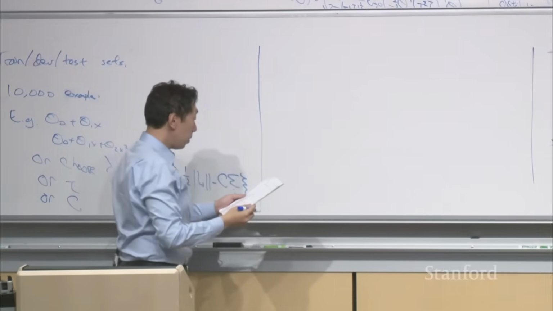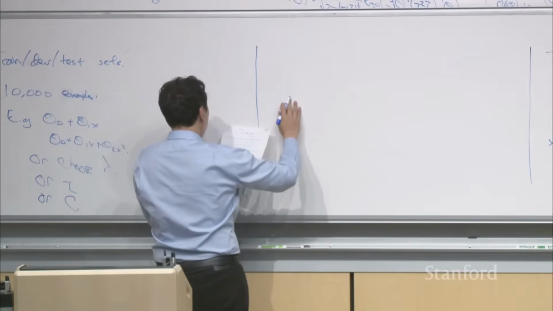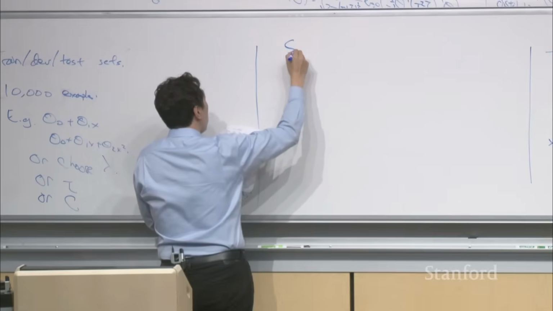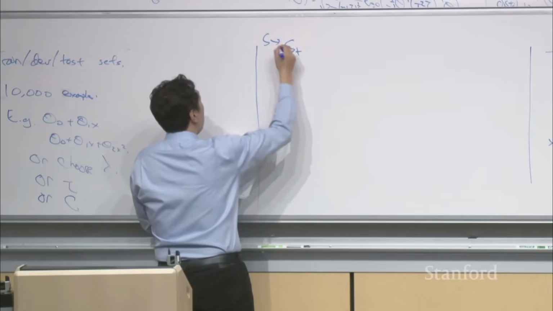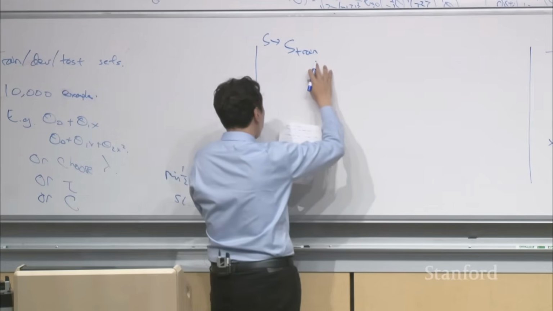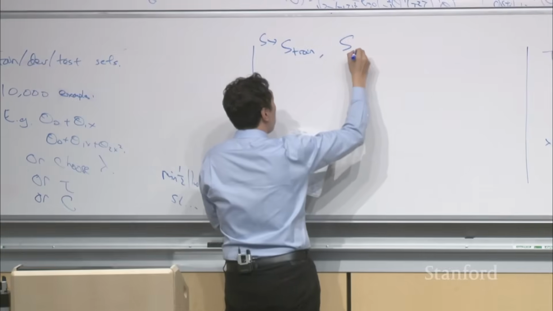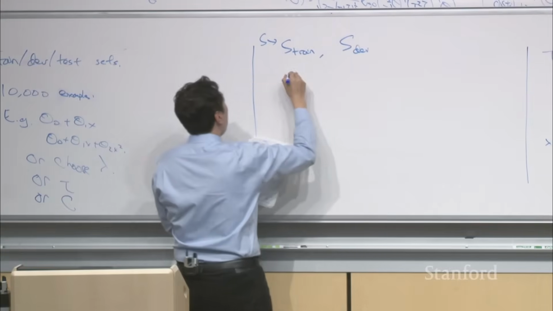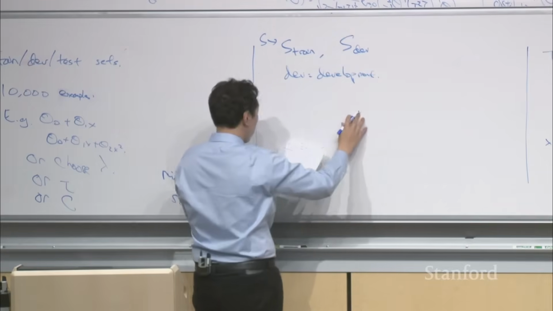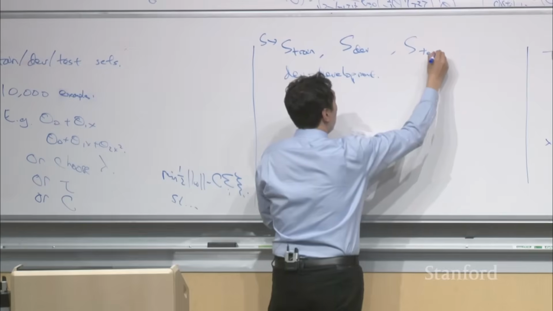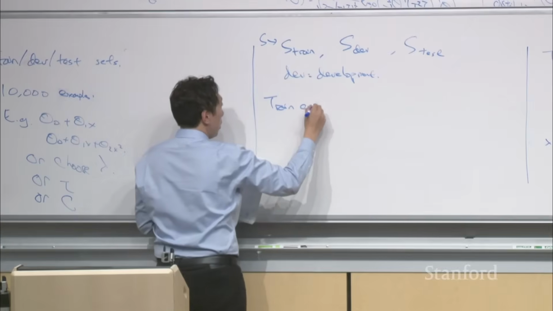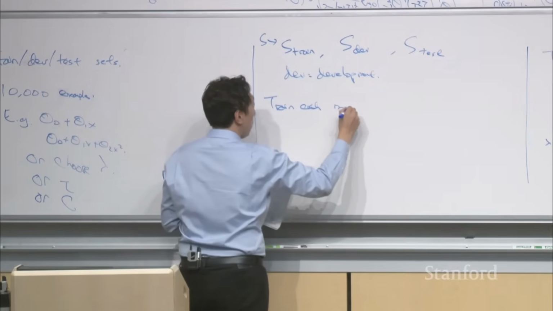So here's one thing you can do. Split your training data S into a subset, which I'm going to call the real training set, S subscript train, and then some subset, which I'm going to call S subscript dev, and dev stands for development. And then later we'll talk about a separate test set. And so what you can do is train each model.